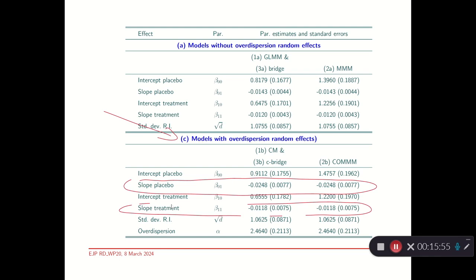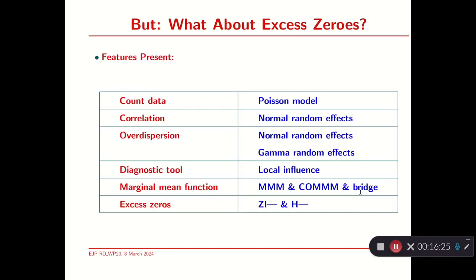So marginalization comes up in this case with a very clear, unambiguous solution. The slope parameters for the placebo and the treatment group are the same, and so are the standard errors. The one difference is in the standard errors and actually the estimates of the intercepts, but we're not so much interested in those. So it is actually more fair to compare the marginal treatment effects in this way.